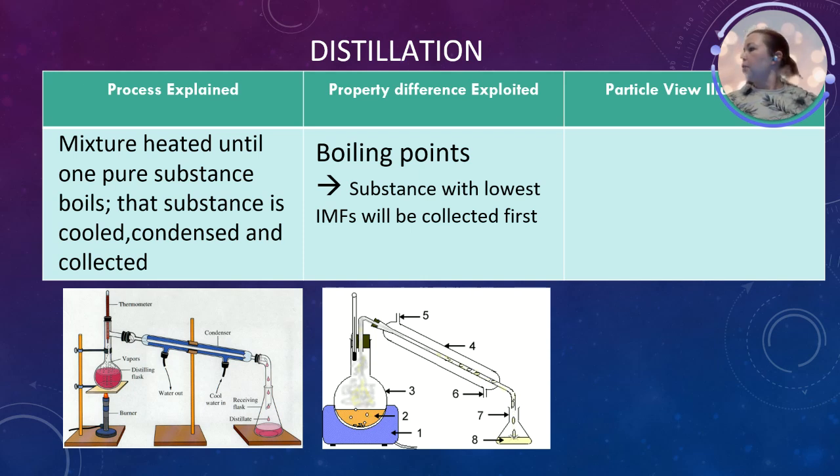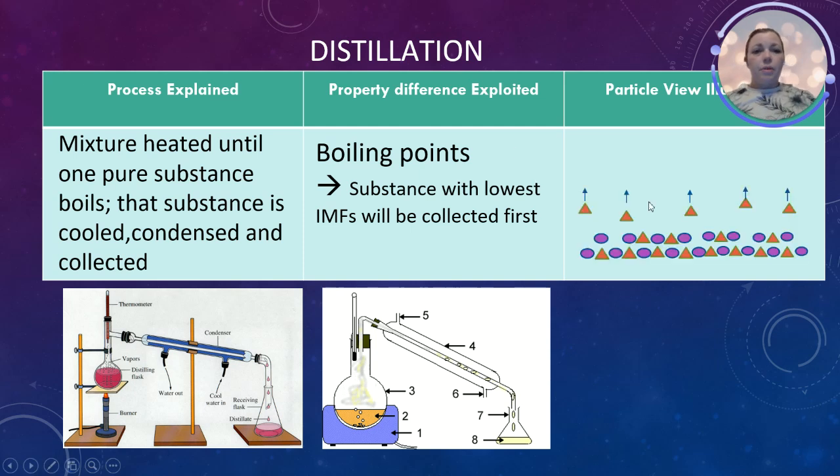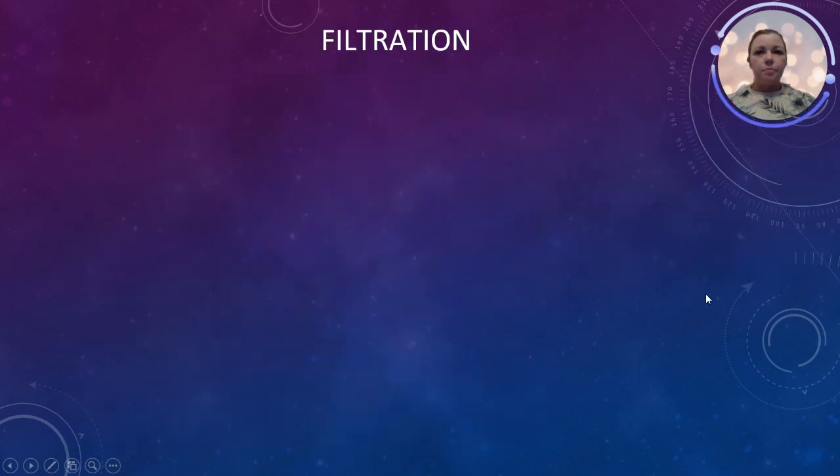That's where we talked about that, I believe. We might have also talked about it in topic 3.2, properties of solids. Okay, so then a particle view would look like this. You have this mixture, and then the orange triangles get enough energy that those particles will escape the surface of the liquid, become a gas, and then they can be recondensed and collected.